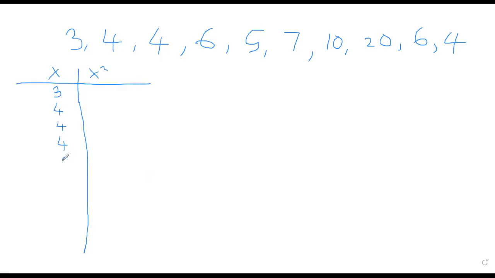Then 5, 5. Then 6, 6, then 7, 10, and 20. How many are they? 1, 2, 3, 4, 5, 6, 7, 8, 9, 10.